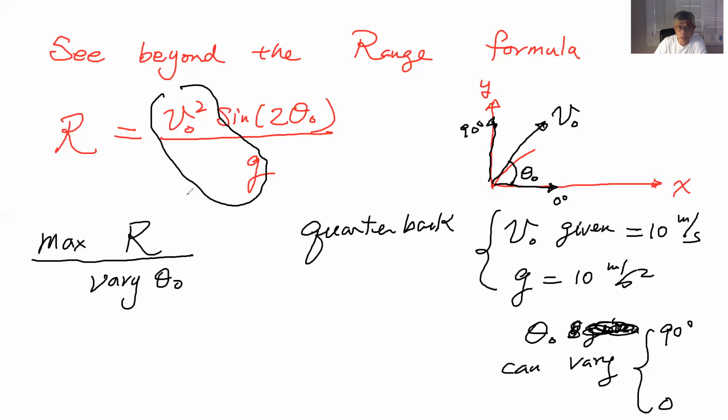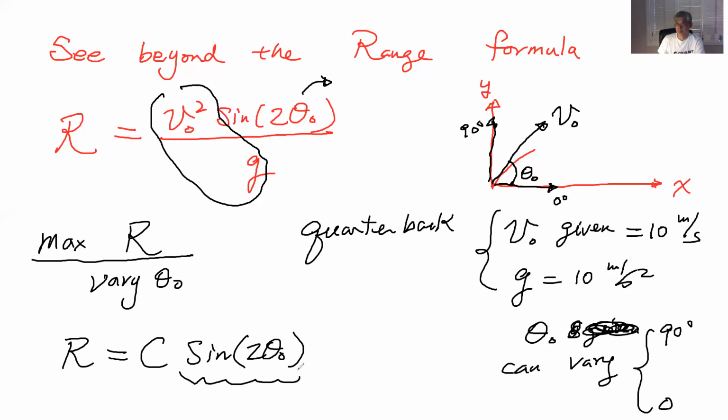And look at this, this is constant, but theta 0 can change. So R is a constant times sine 2 theta 0. How do I make this the biggest when I change theta 0 from 0 to 90 degrees?